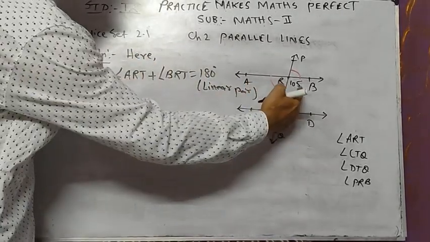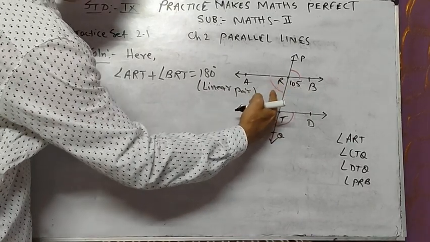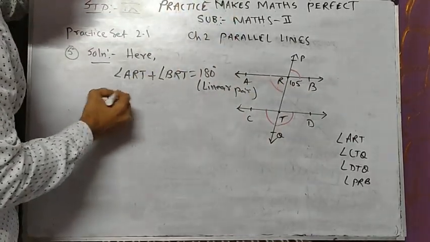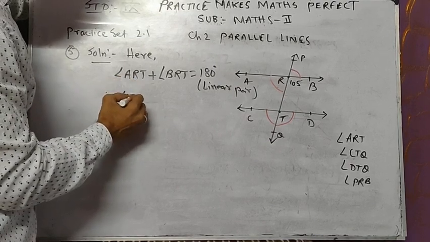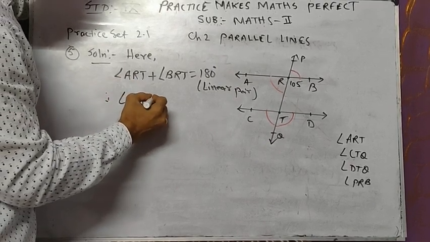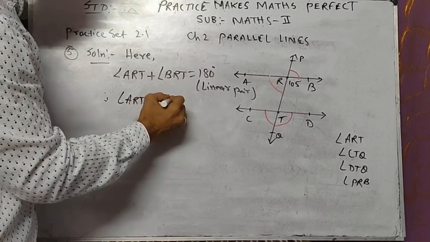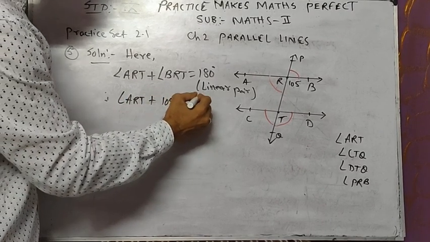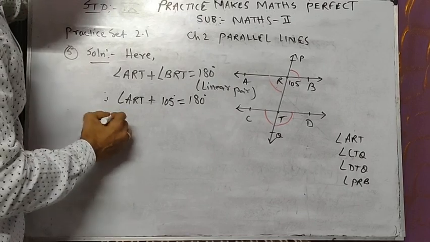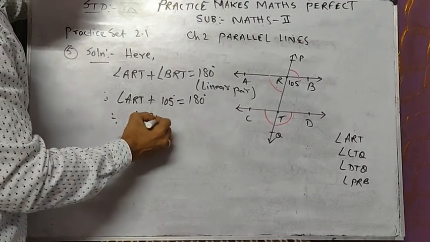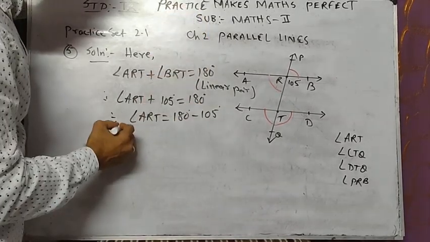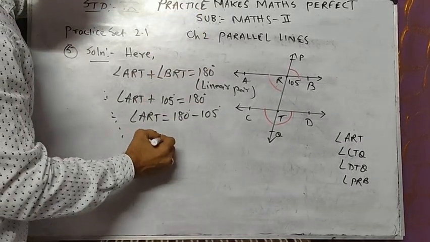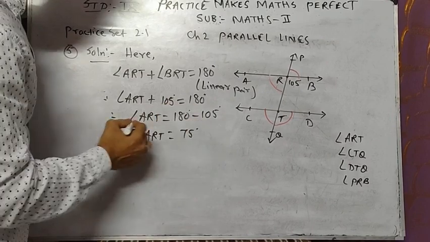They are forming a linear pair, you can see here. Am I right? Therefore, angle ART plus BRT, which is 105, is equal to 180 degree, and therefore angle ART is equal to 180 minus 105, and therefore angle ART is equal to 75.